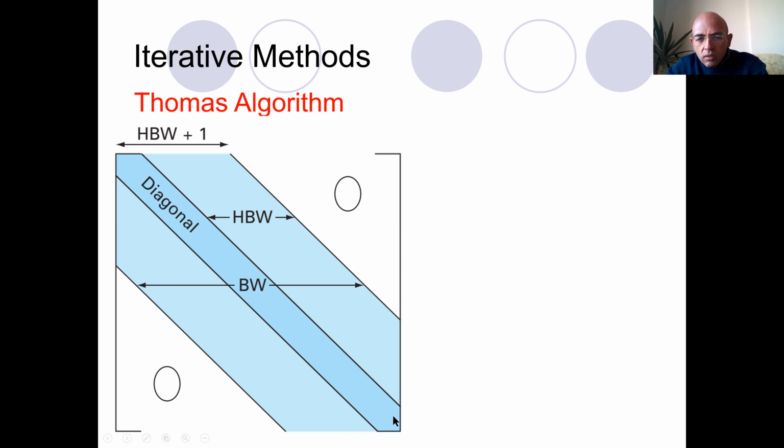We have the diagonal of the matrix. Now, the distance between the first coefficient and the last coefficient is called bandwidth.